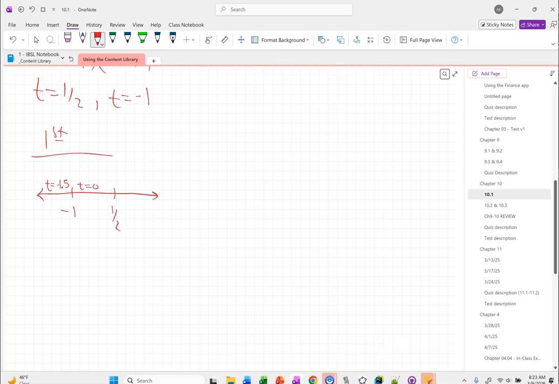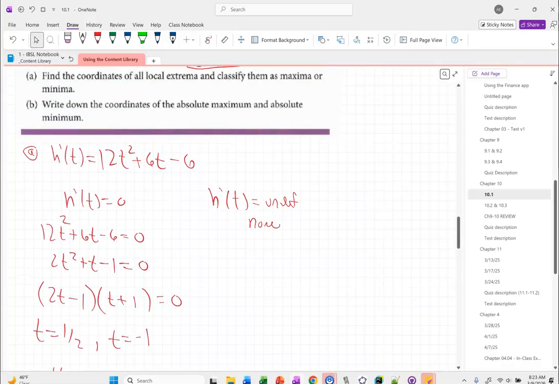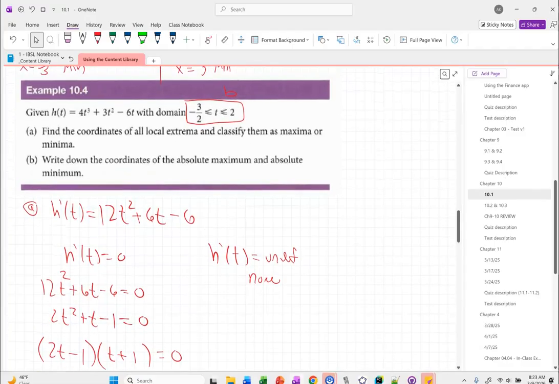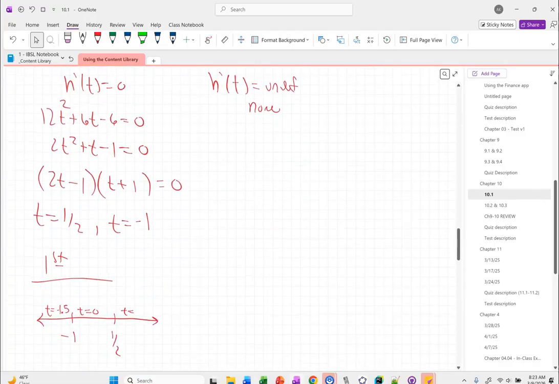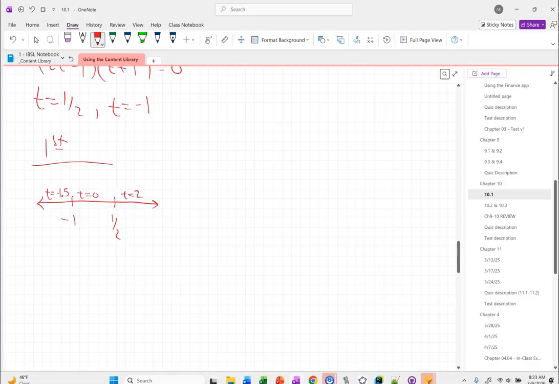So I don't want to pick -2 here. -2 is not in my domain. And I'm going to do something atypical here. Normally I'd pick a 1 in this spot. I'm not going to do that. I'm going to pick 2 because I know I have part B coming where I have to check the endpoints. So I'm going to do that here.